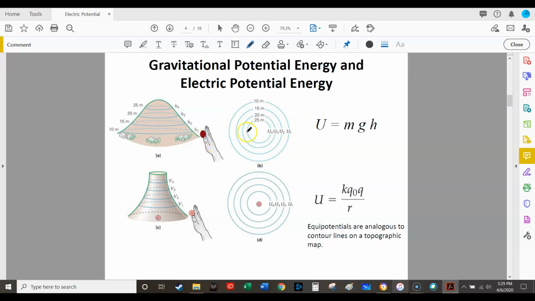In a gravitational field, we had learned in Physics 121 that the potential energy due to gravity is going to be equal to mgh, and it can be said it's the energy of height.